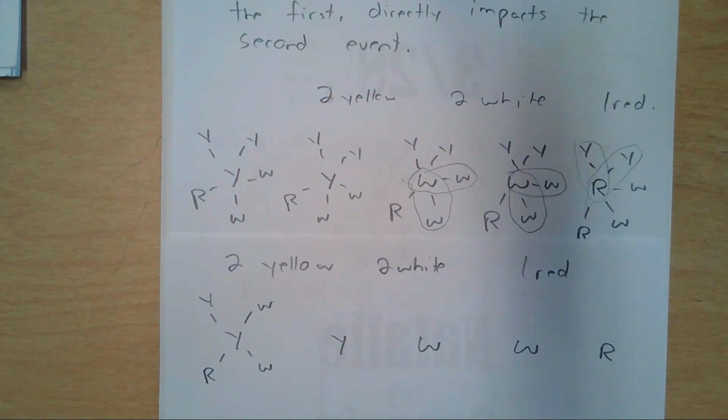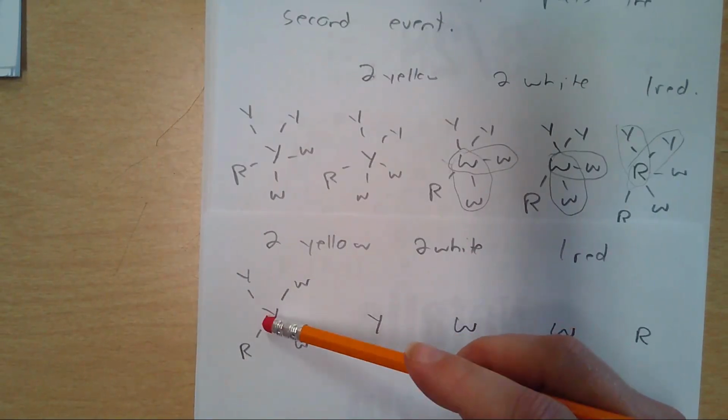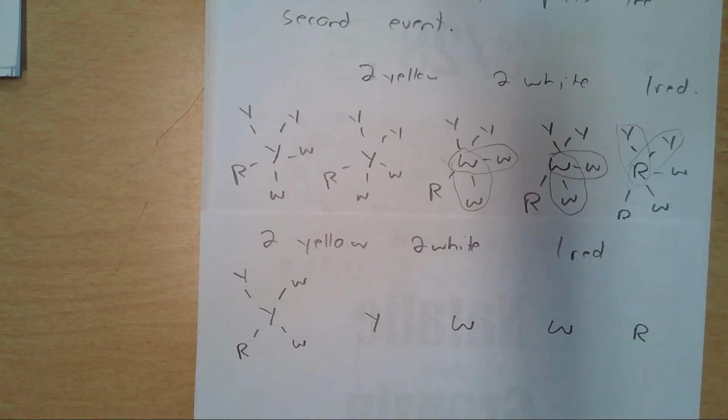Why did it change? If I pull this yellow marble out and set it aside, what's still in the bag? There are only 4 marbles in the bag now because that yellow marble's not in the bag anymore. So what's left? Only one of the yellows this time. The 2 whites are still there, the red is still there, but one of the yellows is no longer an outcome for the second pull because I didn't put it back in the bag.